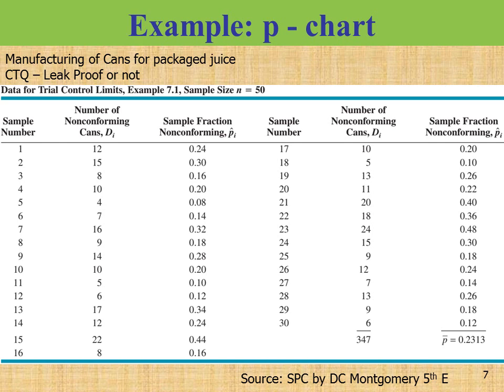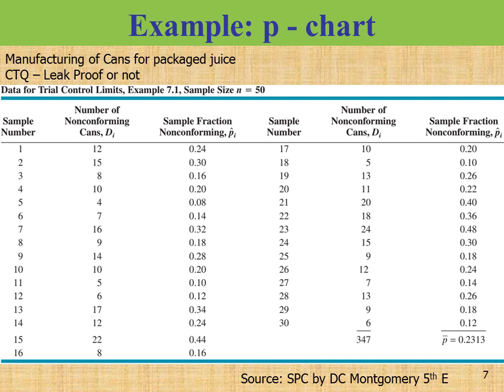We see that we have 30 samples, numbered 1, 2, 3 up to 30, shown in the first and fourth columns, and the sample size is 50, small n equal to 50.